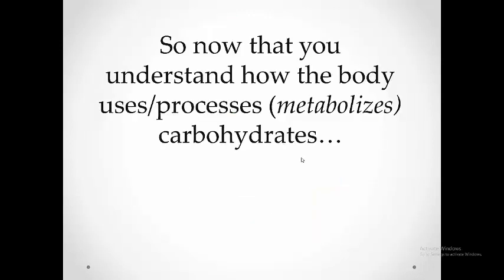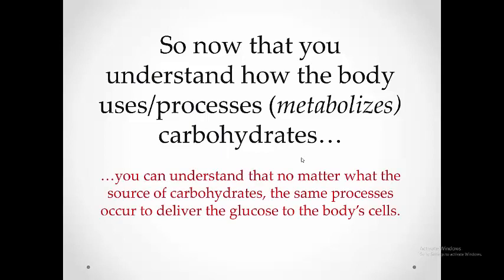So now that you understand how the body uses or metabolizes the macronutrient carbohydrate at the cellular level, it helps you to appreciate that the body doesn't differentiate between its original source of carbohydrate. It wouldn't matter if it were candy or cake or pie or soda or juice, or for that matter wine. It wouldn't matter if it was fruit or vegetable or grain or bean.